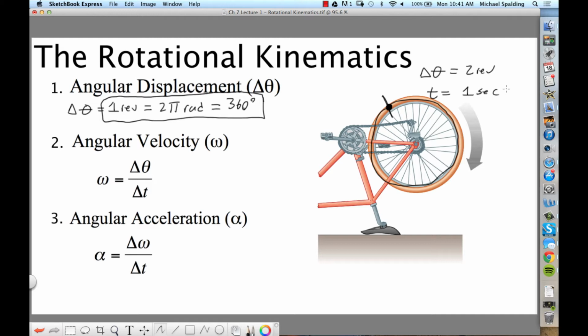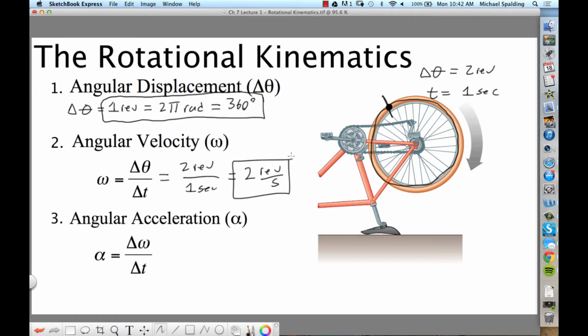Not in a linear way, where you'd be talking meters per second, but in terms of degrees per second, radians per second, revolutions per second? Yeah. So what would this be? The angular displacement is 2 revolutions, and the time was 1 second. So this would give us an angular velocity of 2 revolutions per second.